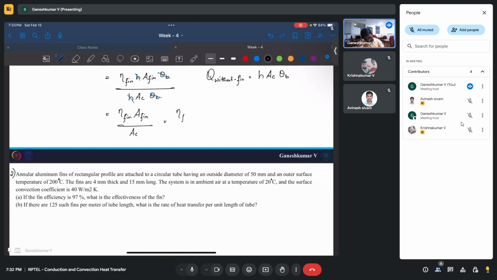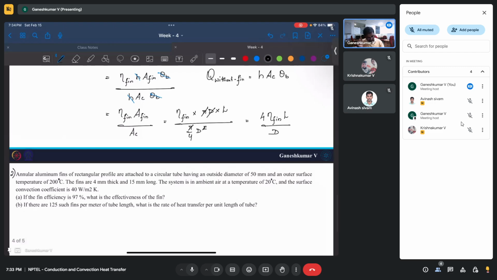The effectiveness is going to be perimeter, pi d, times the length, divided by pi/4 d squared. So now you can cancel pi and d. So this becomes 4 times efficiency of the fin times L divided by D.